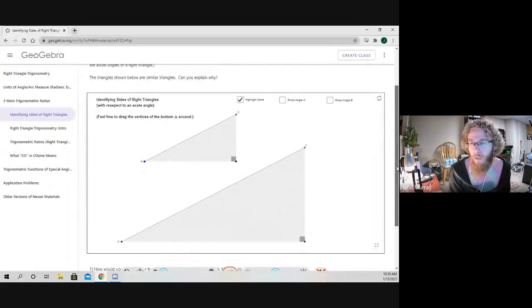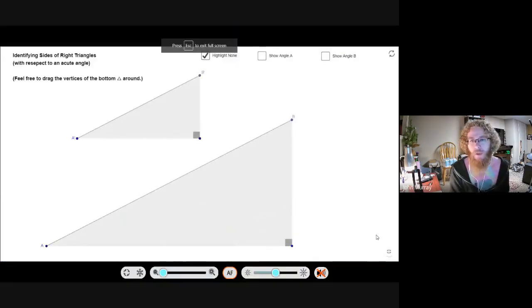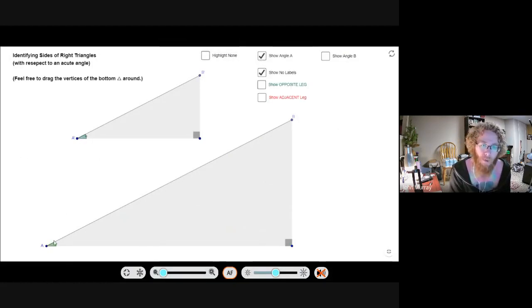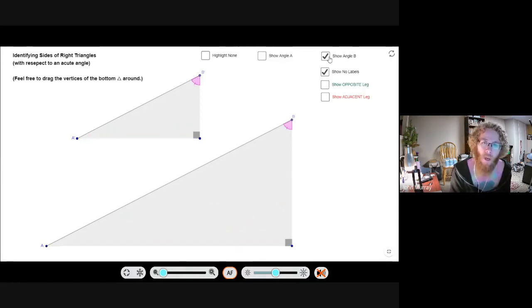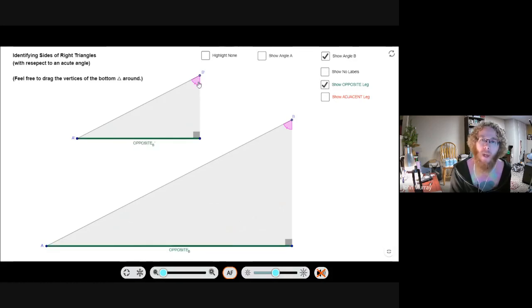All right, so here I'm going to put this up on our Google Classroom so you guys can mess around with this. Okay, if my angle is over here, then your opposite side would be across from it. Your adjacent side would be touching it. If we switch our angle, if I'm now looking at this angle up here, my opposite side changes.